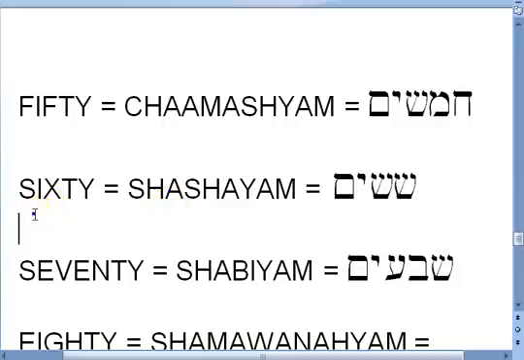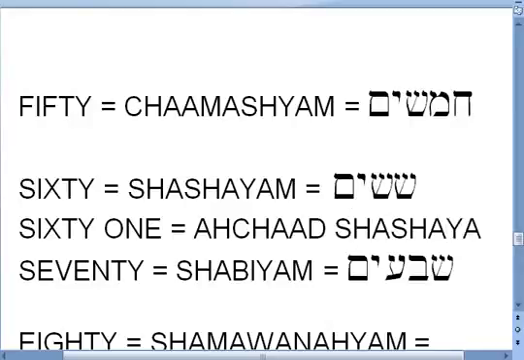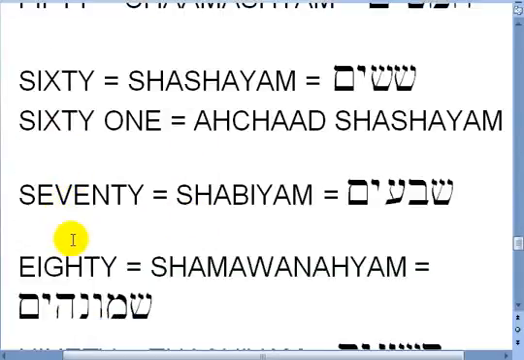Let me just write that one down for you. 61 is Akkad Shashayim. Shanya Shashayim is 62. Shalash Shashayim is 63.